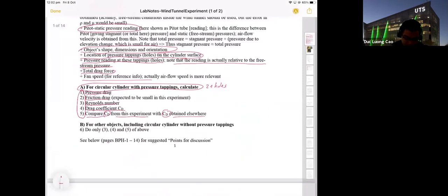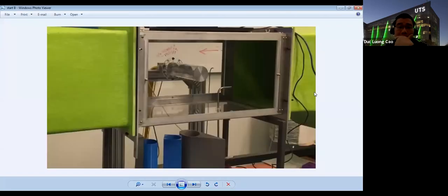For part B, for other objects, including circular cylinder without pressure tapping. Okay, let me show you this one. Do you see this one is the chamber?